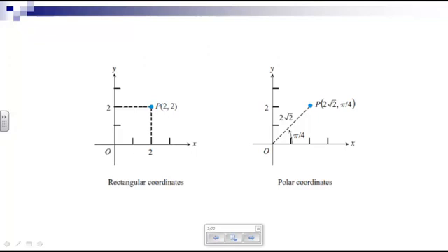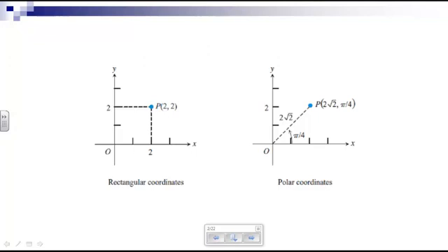So in our normal coordinate system, called the rectangular coordinate system, or sometimes the Cartesian coordinate system, every single point in the plane is signified by 2 values, an x value and a y value. In the polar coordinate system, we're still using 2 values to describe any point on the plane, but it's not how many over and how many up.